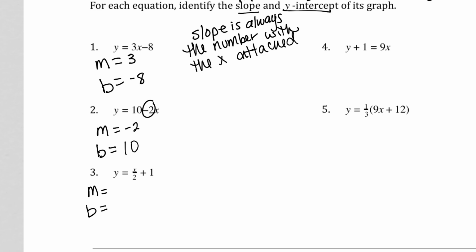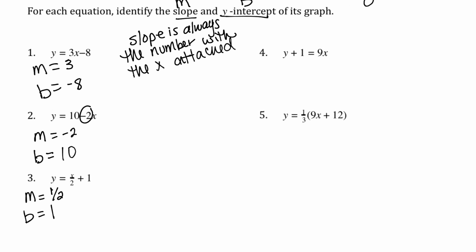Don't include the x. So 2. What would be on the top with the 2? What is there that we can't see? A 1. So it's going to be 1/2 is my slope. So what is my y-intercept? 1.